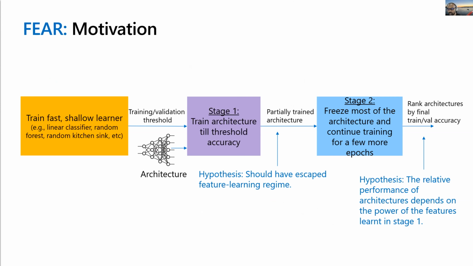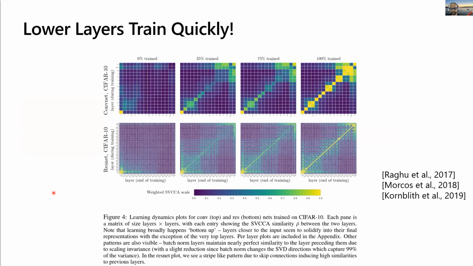The second motivation is about lower layers. There has been a series of papers from Maithra Raghu from Google Brain and follow-up papers from Google Brain, which show this really nice phenomenon where they empirically look, using canonical correlation analysis and later centered kernel alignment, into the hidden implicit representations of networks as they train.